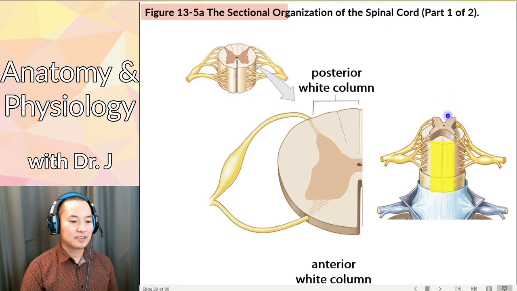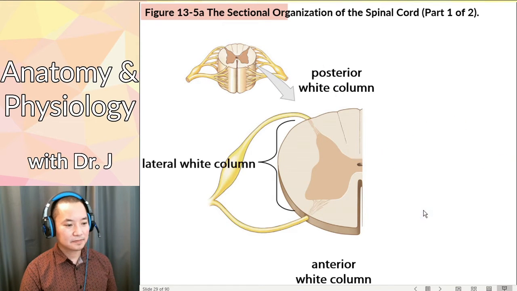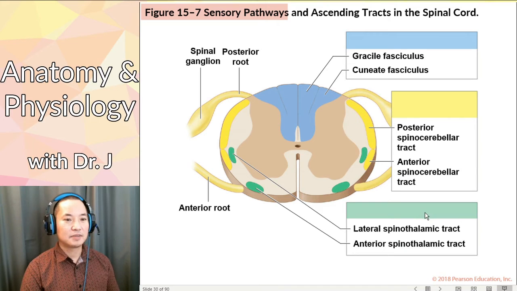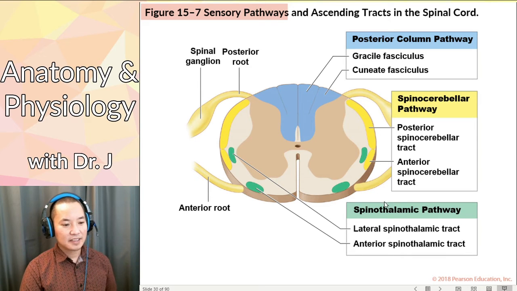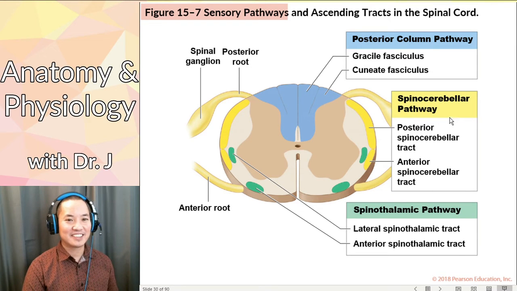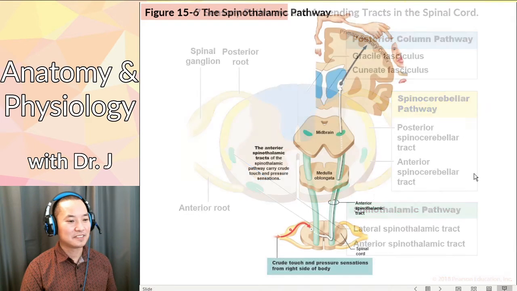That's why they're called columns, because you have all these axons forming this structure that has a lot of myelin. That's why they're white. Okay, so the three main ascending pathways are the posterior column, the spinal cerebellar, and the spinal thalamic. These subdivisions I'll leave for your advanced anatomy and physiology, nursing and medicine classes, but don't worry too much about it for this intro level.